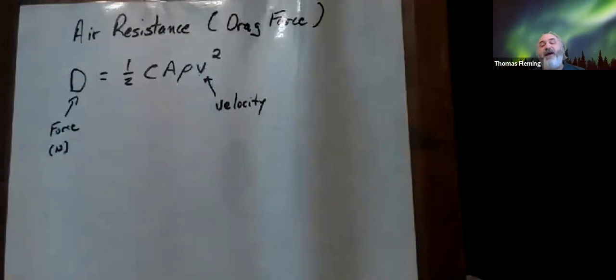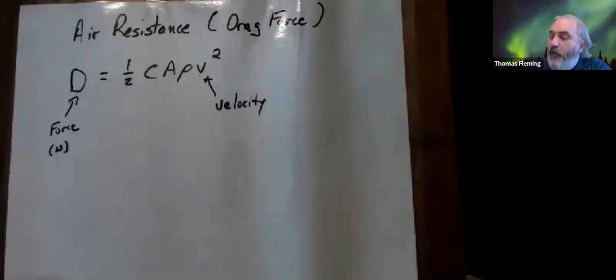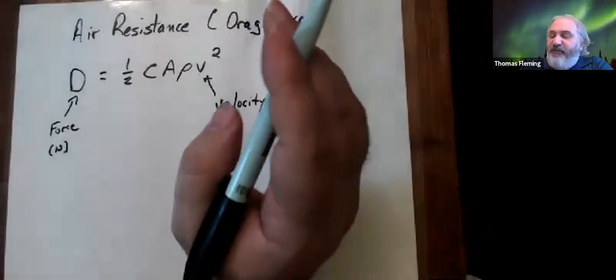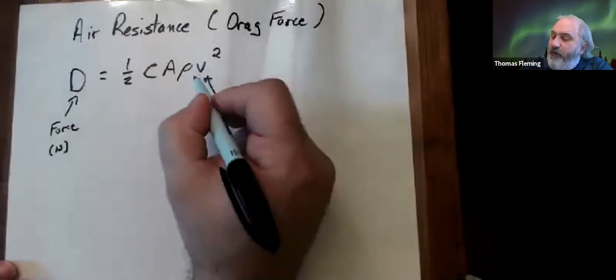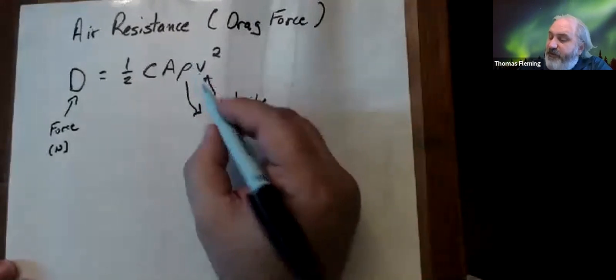So the drag force is going to get larger quadratically in terms of your speed. That's why at low speeds you don't notice it, but at high speeds it becomes more and more noticeable. That makes sense.